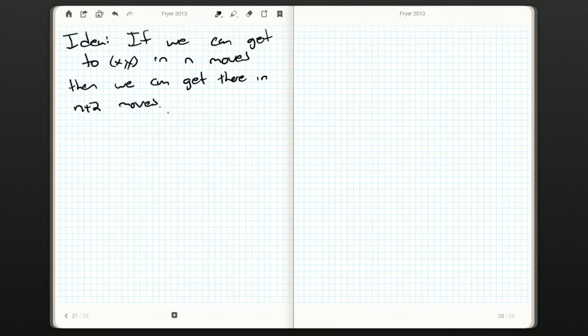So we can get there in exactly n plus 2 moves. Whatever you did to get there in n moves, just add an up and down. And that'll give us n plus 2 moves.